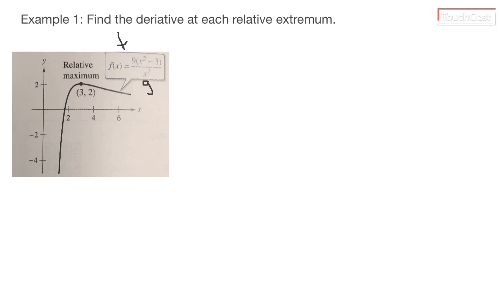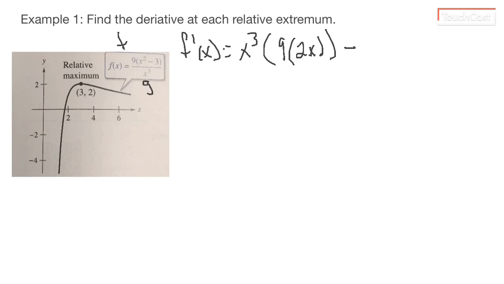So using our quotient rule, we take the denominator, x cubed, so f prime of x is equal to the denominator times the derivative of the numerator. Well, 9 is just a constant multiple, so we can rewrite 9 times the derivative of x squared minus 3, which is just 2x.